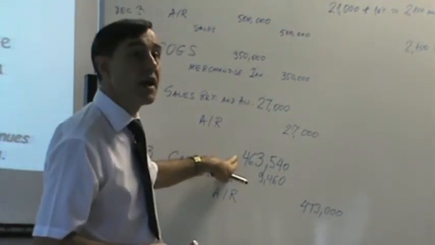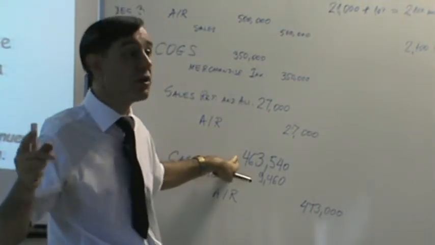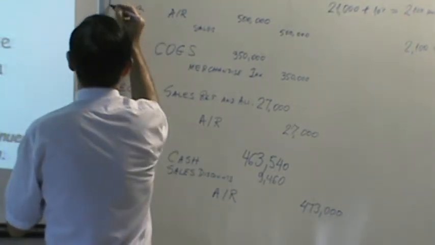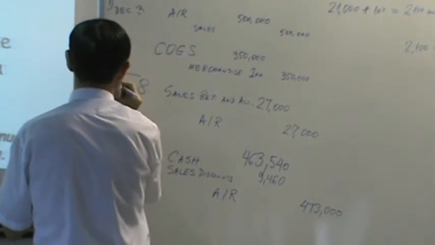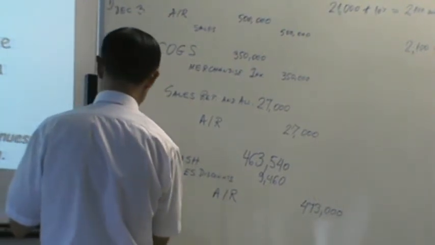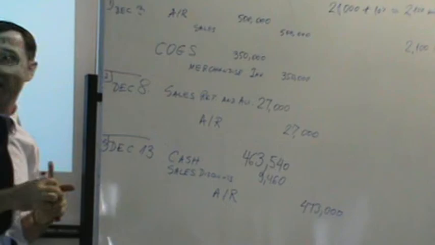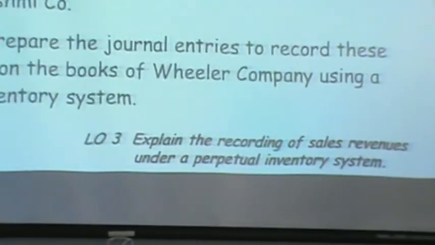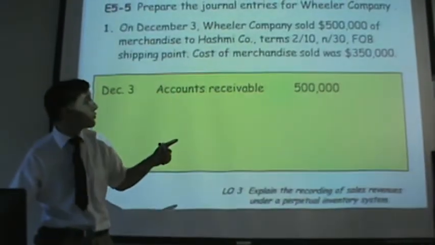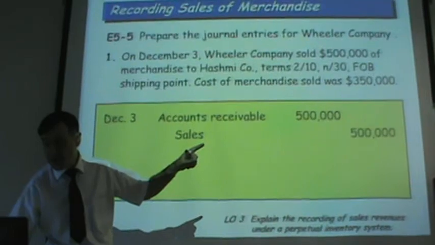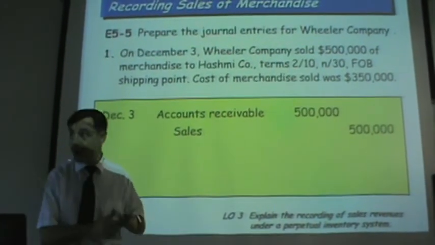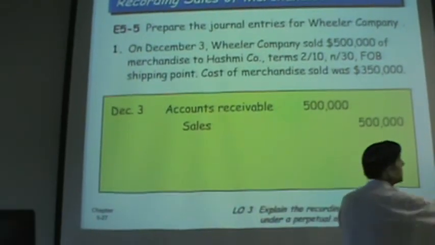Okay? And now we're going to go through to check that. So this is the first one, this is the second one, and this is the third one. All right. December 3, account receivable 500, sales 500, credit sales 500. This one is okay.